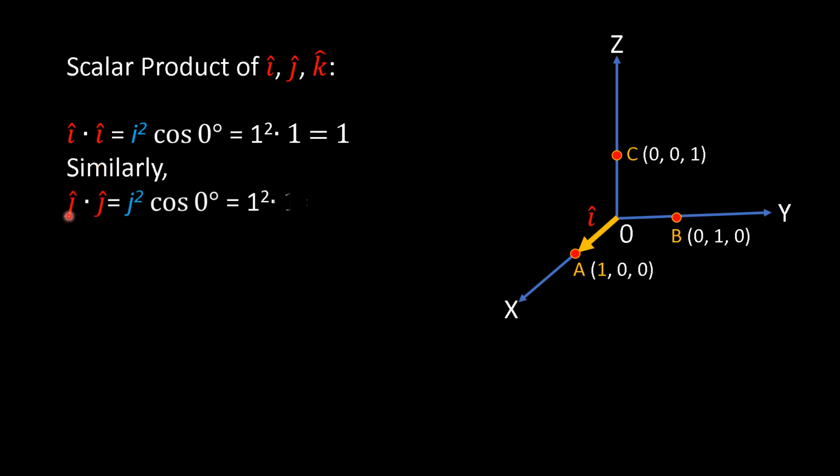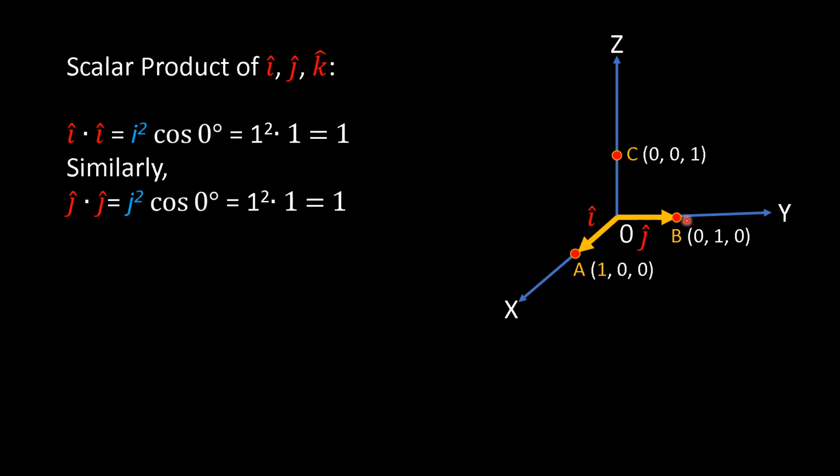Similarly, j cap dot j cap will be j squared cos 0 degrees, which will be 1 squared times 1 because j being the unit vector, its magnitude will be 1 and cos 0 is 1. Therefore, j cap dot j cap will be 1.